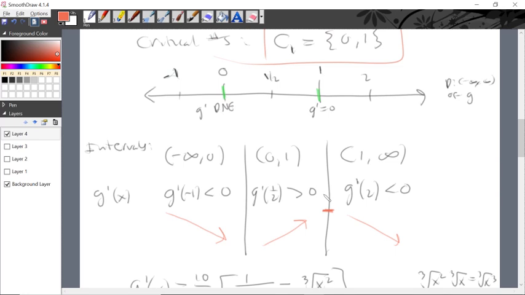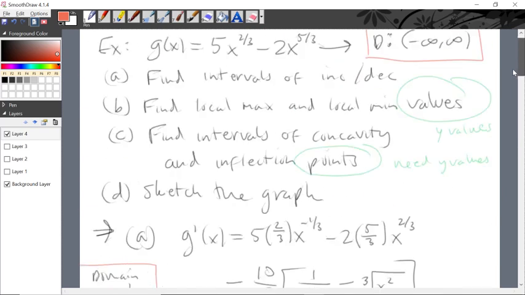We also had right here that the derivative did not exist. We couldn't evaluate what the derivative was here, but the point itself existed on the function. It was continuous here. So g prime did not exist, but g of 0 does exist. The function is continuous there. What was g of 0?